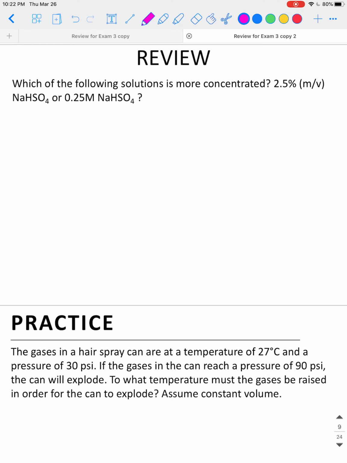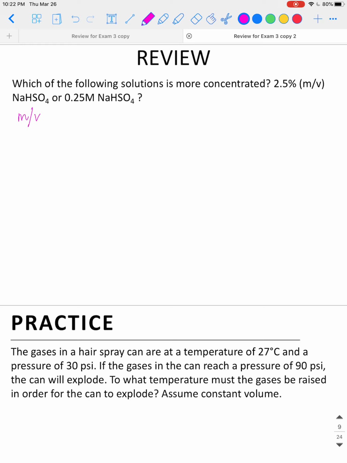2.5% mass per volume of NaHSO4, or 0.25 molar. The way you go about these problems is you have to put them in the same units. We know the equations. I'm going to write out the equations for both.